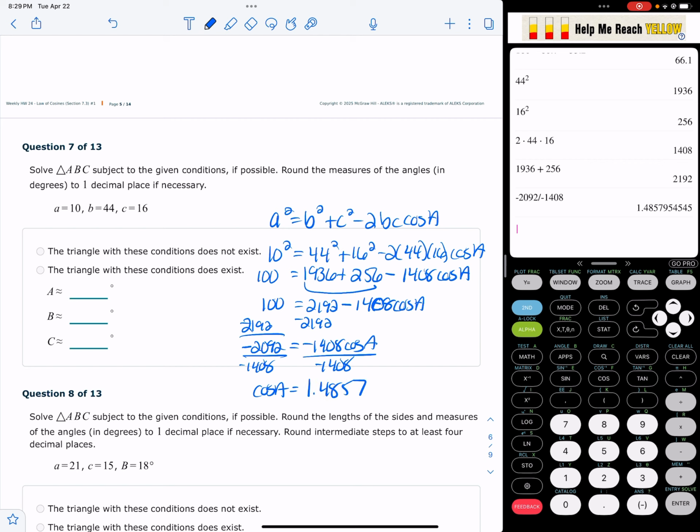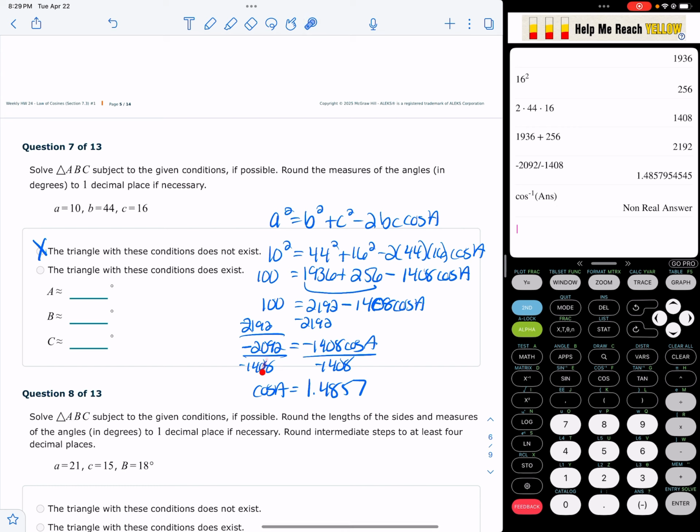And we get 1.4857. Now, if any of you remember anything about your trig values, sine and cosine values have to be between -1 and 1. So when I try to do the inverse cosine of a number bigger than 1, it's going to tell me non-real answer. So this is where a triangle does not exist.